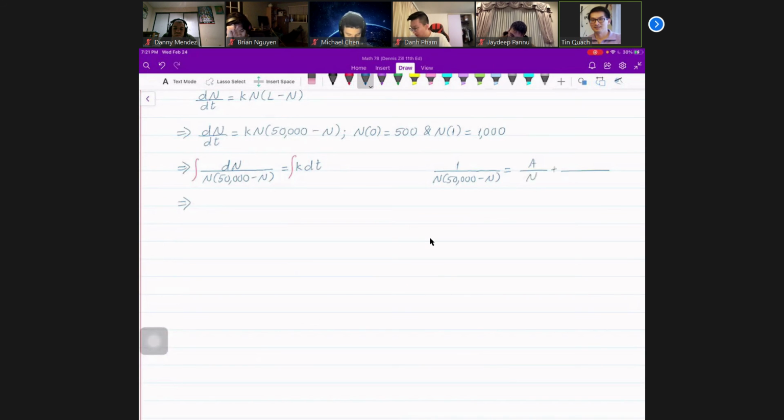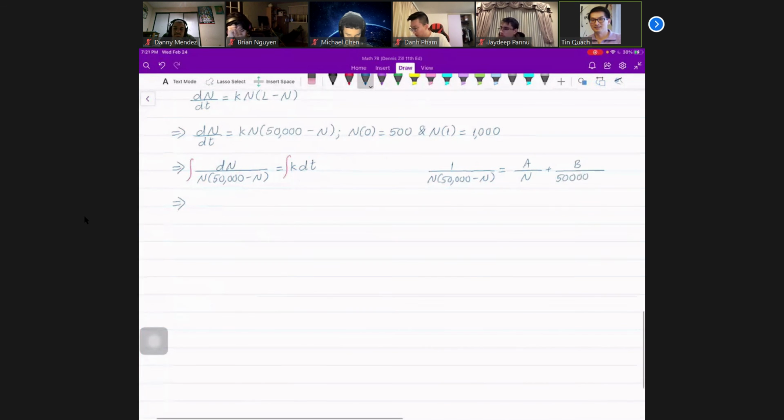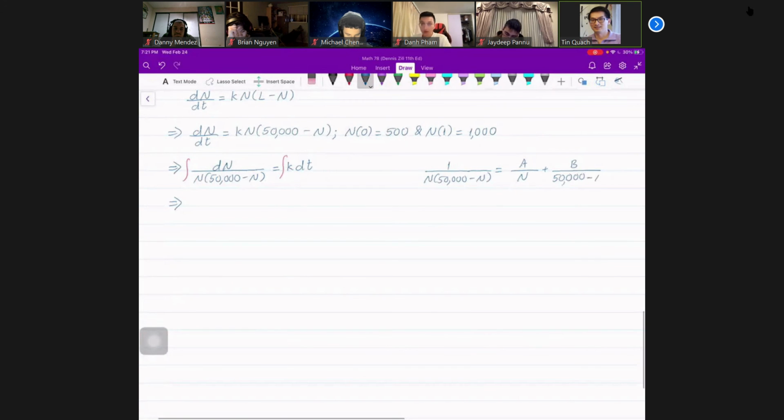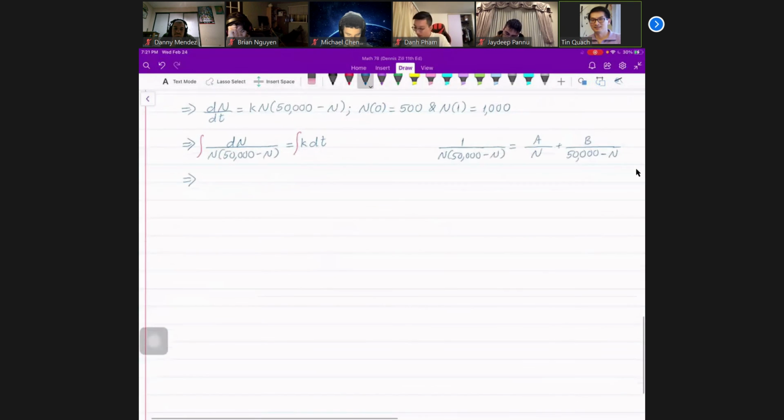So if you are not sure, you can just do it like this, right? And then B over 50,000 minus N. You see, if I put 1 over N here plus 1 over 50,000 minus N, and I combine these two fractions, I'm going to get 50,000 in the numerator, right?